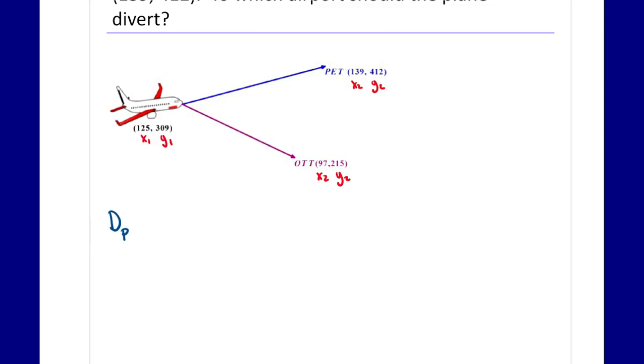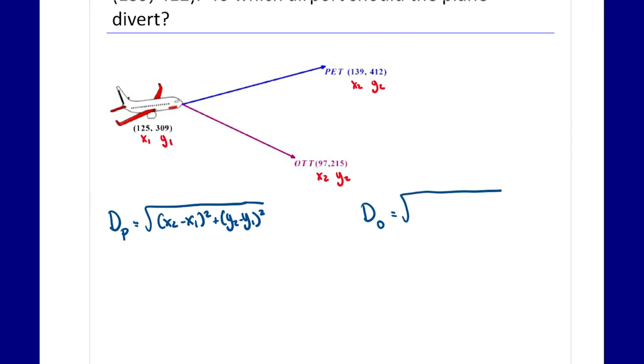That's going to signal the difference when we plug in our points. And we'll do another one that's the distance to Ottawa. So again, I'm just going to write out our formula, x2 minus x1 squared plus y2 minus y1 squared, all under the square root. Same thing for the distance to Ottawa, x2 minus x1 squared plus y2 minus y1 squared.